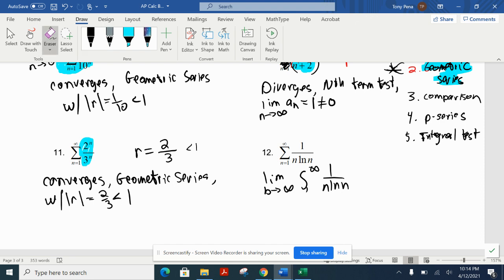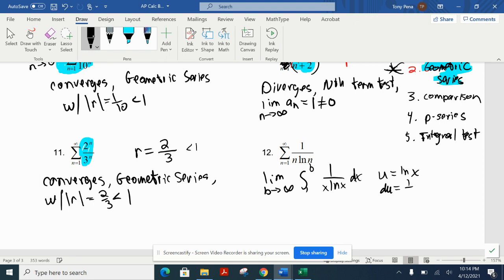Actually, let's make that upper limit of b right now. And then these should be x's also. So we're going to make this a function of x and then see how this works. So let your u be the natural log of x.